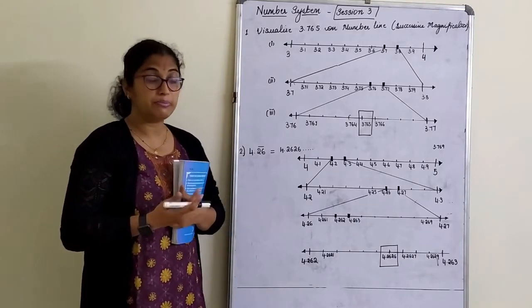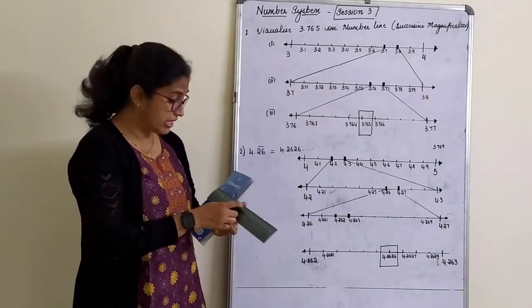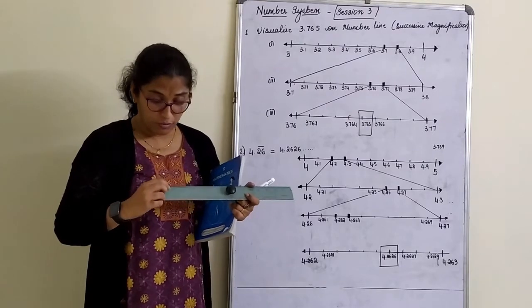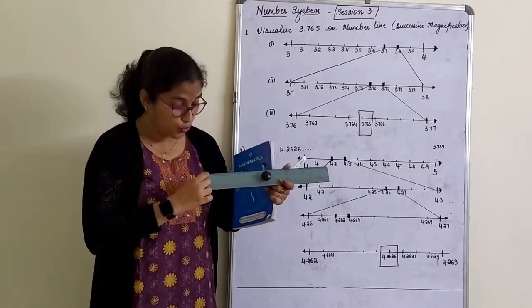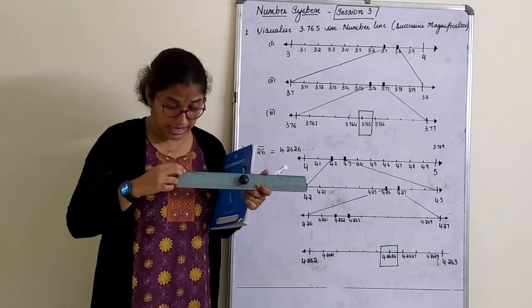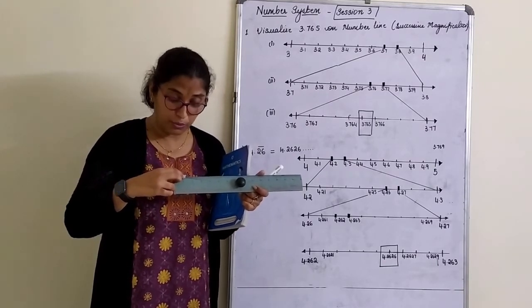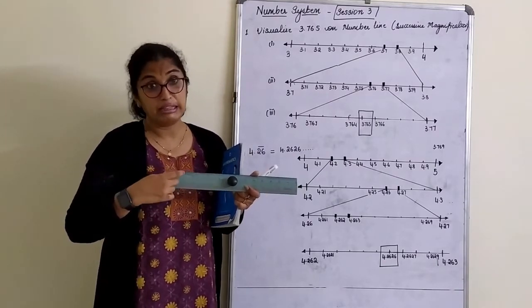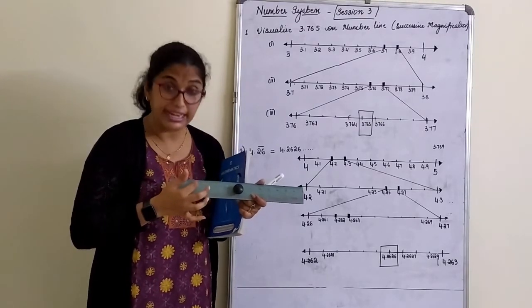Now what do you mean by magnification? Simple, if I take the scale, the scale has measurements like 1, 2, 3. In between them there are some other lines. So we read them as 1, 1.1, 1.2, 1.3, 1.4, 1.5, then 1.6, 1.7, 1.8, 1.9 and 2.